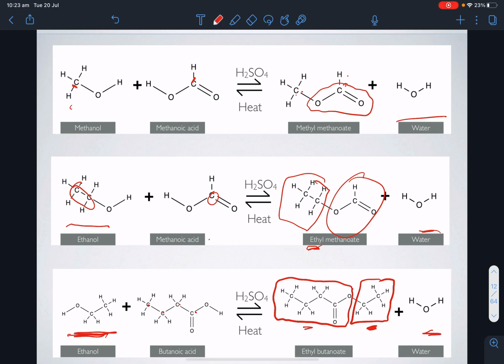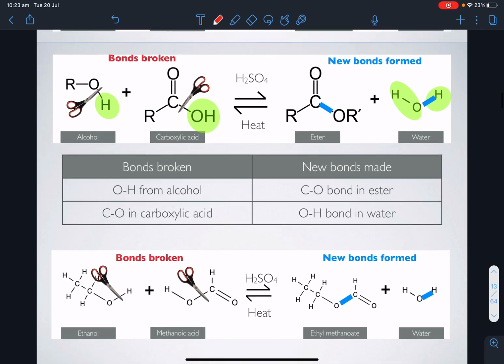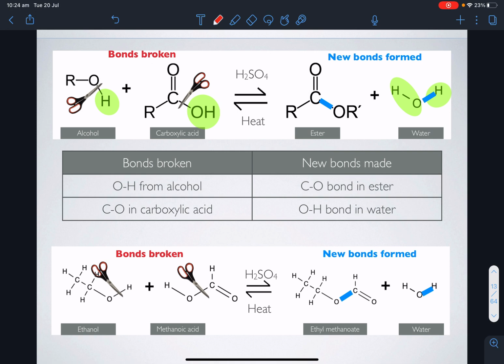Okay, and water. Okay. So on this slide, I'm just talking about the bonds broken and the bonds formed. Okay, in the chemical reaction, which we're not going to go too in depth in, what ends up happening is the alcohol, the bond that is lost is the OH bond, because that's the weakest bond in the alcohol. It's the most polar. Okay, so the bond between the OH and the alcohol is cut or broken.